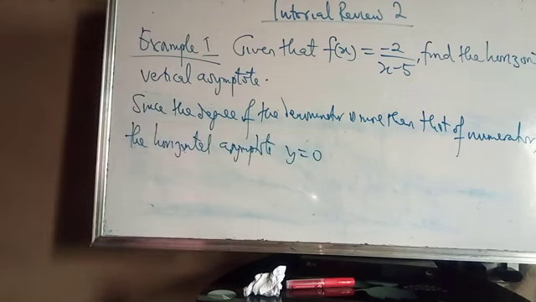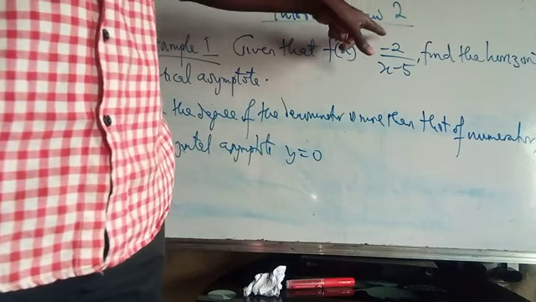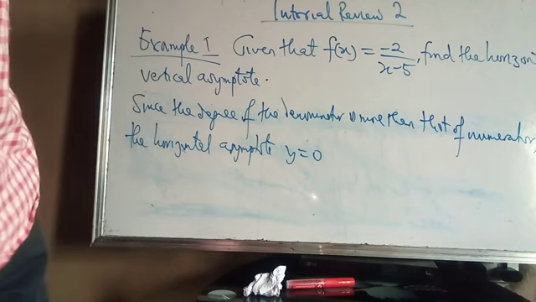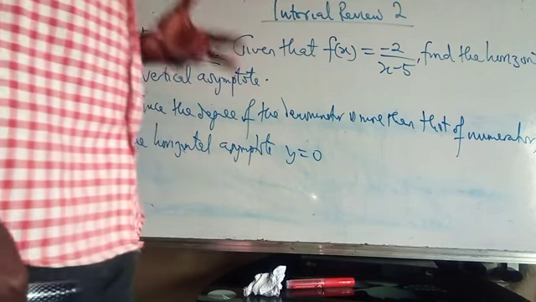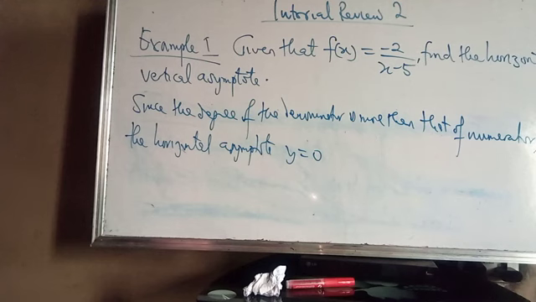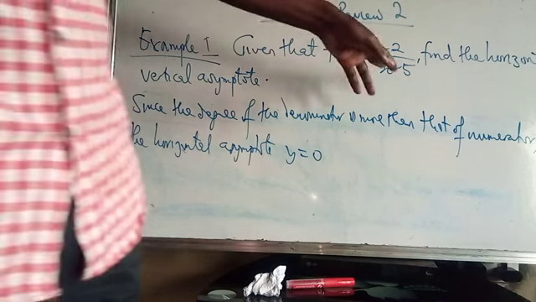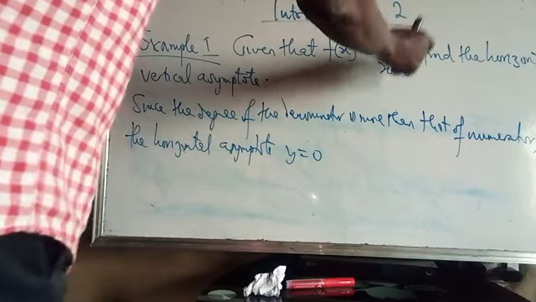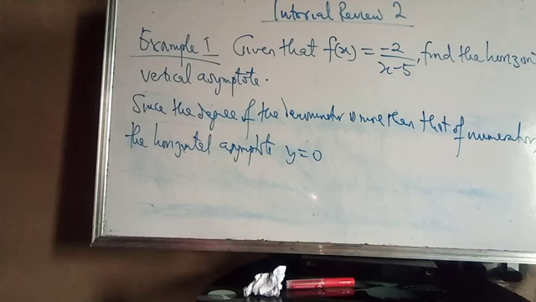But if the degree of the numerator is more than that of the denominator, we are going to have what we call an oblique asymptote. And in that case, we have to divide through. We divide the numerator by the denominator in order to find the asymptote.